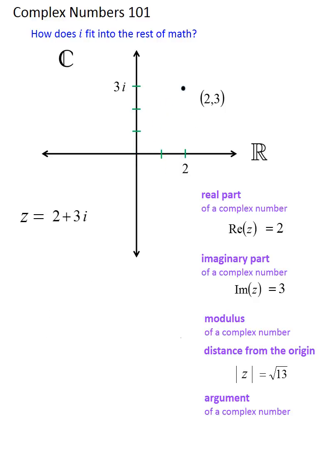The last vocabulary phrase and calculation is called the argument of a complex number, which is the angle formed by the real axis and a line going through the point, as shown here. This angle is often called the argument of z, and it's something that we can calculate.